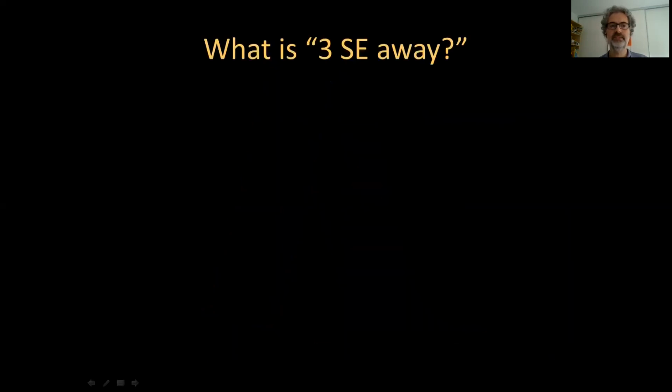Now, what exactly does it mean to be 3 standard errors away? Let's work through a couple of examples to see how this works. Remember that the standard error of the mean is equal to the standard deviation in the population divided by the square root of sample size.